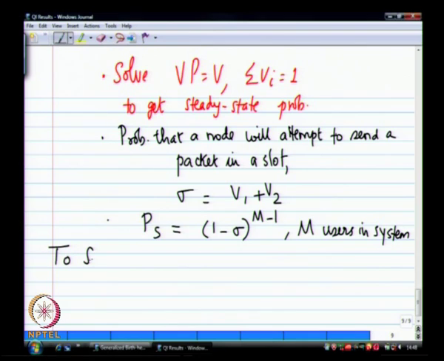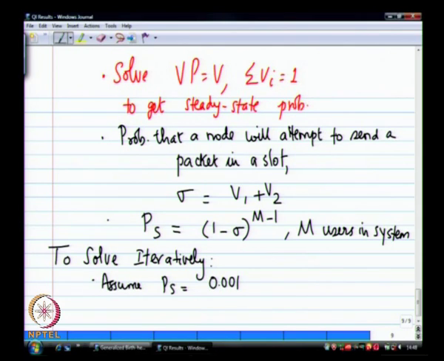So the way to solve is, assume PS equals some small value like 0.001. I forget what I used to do in my olden days.